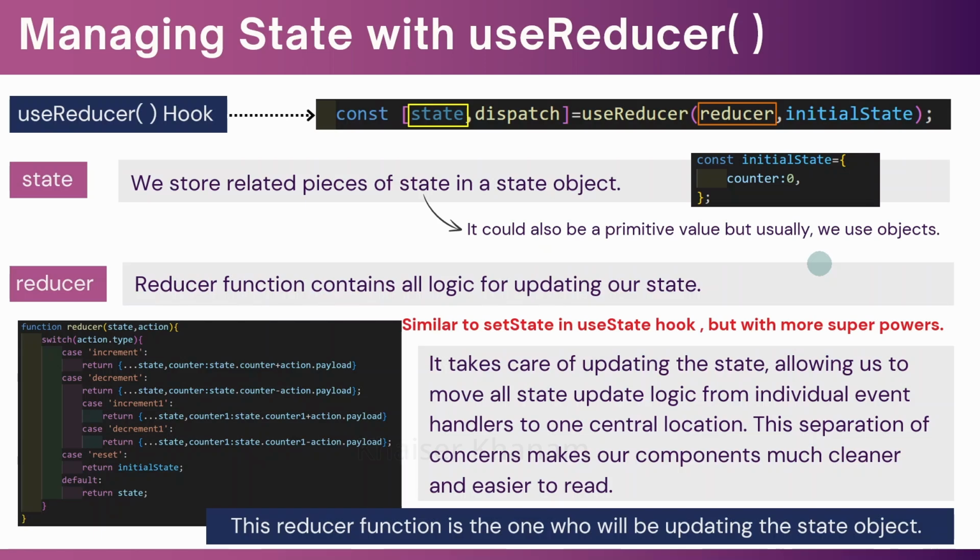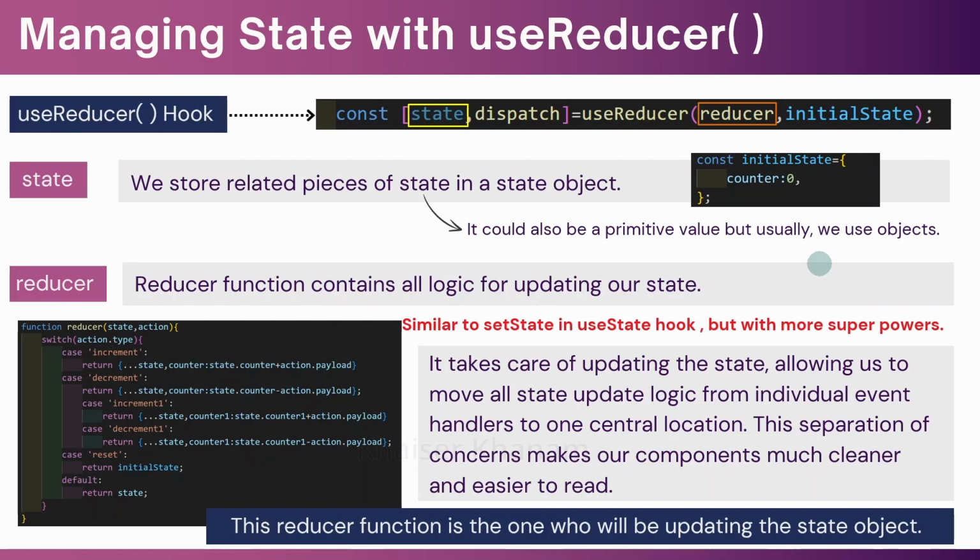When we are using useState, for each and every update we have to create different event handlers, and if we are updating multiple things inside the UI, we have to create state variables for each. At one point we will mess up all the state variables and have to write a lot of code. But using useReducer, inside the reducer function itself, we pass the entire logic of the state updating part.